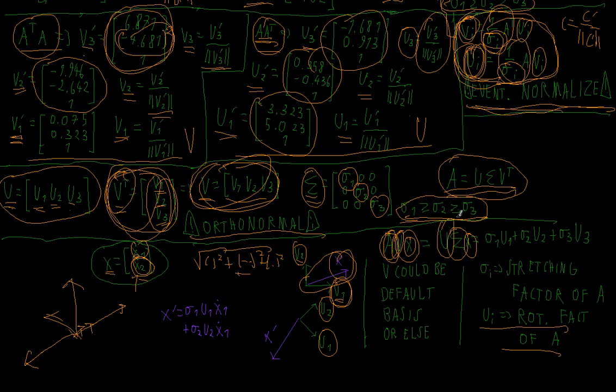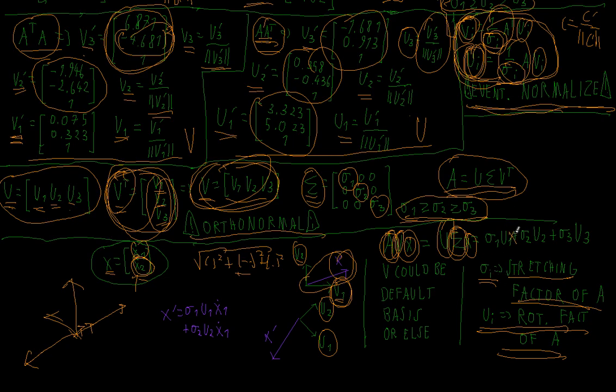That is, how much each component of my vector x is stretched positively, negatively, by an amount greater or smaller than 1. So the vectors u are the rotation factor of my matrix A, and the singular values contained in my matrix capital sigma are the stretching factor of my matrix A. That's basically what it does.